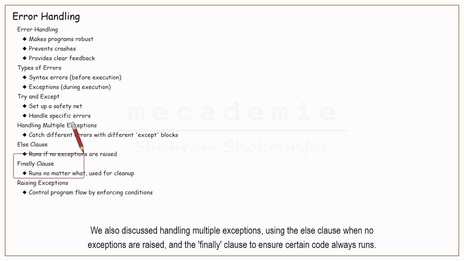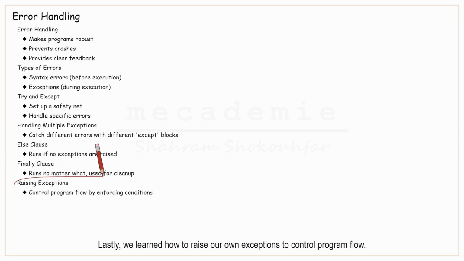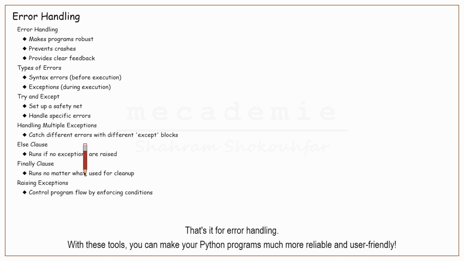We also discussed handling multiple exceptions, using the else clause when no exceptions are raised, and the finally clause to ensure certain code always runs. Lastly, we learned how to raise our own exceptions to control program flow. That's it for error handling. With these tools, you can make your Python programs much more reliable and user-friendly.